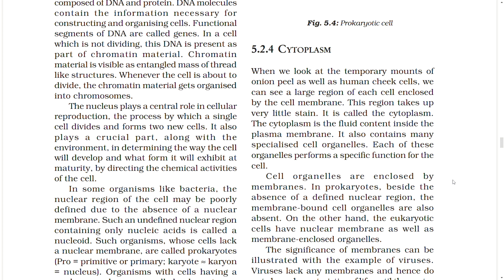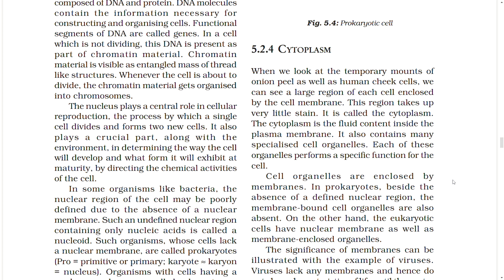This region takes up very little stain. It is called the cytoplasm. The cytoplasm is the fluid content inside the plasma membrane. It also contains many specialized cell organelles. Each of these organelles performs a specific function for the cell.